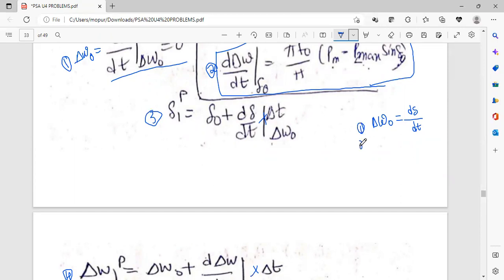The second formula is d del omega by dt.